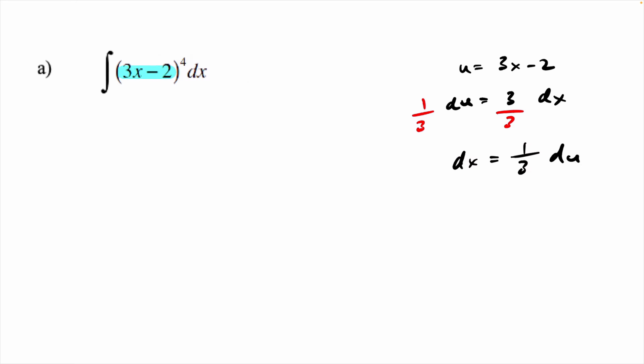Substitute. Instead of the blue, I'm going to write what it substitutes to. U. That's what the substitute version of that is. And instead of dx, I'm going to write 1/3 times du.